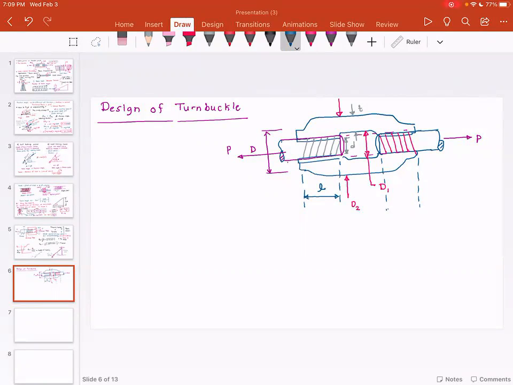And the design process that we are going to discuss in the class is a classic pen and paper design that uses the theory of strength of material or simple principles from mechanics of material.